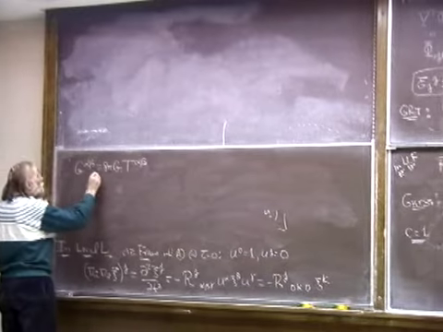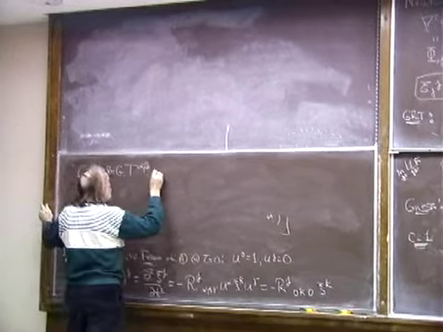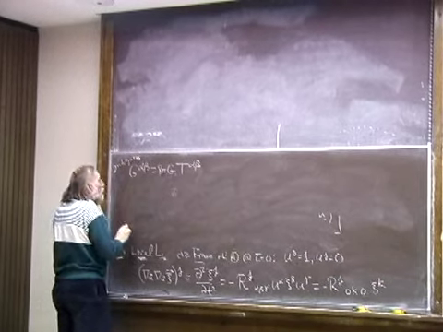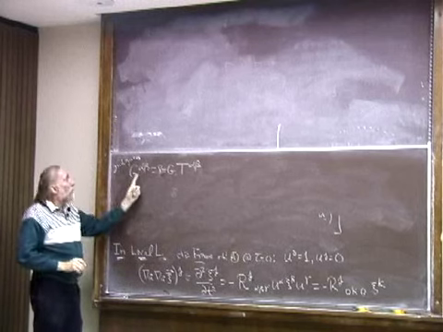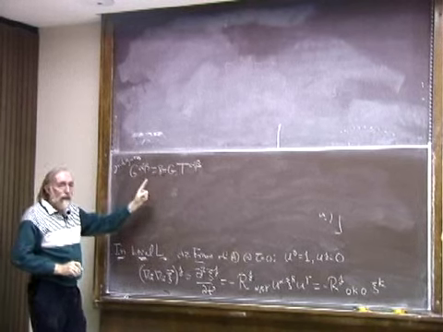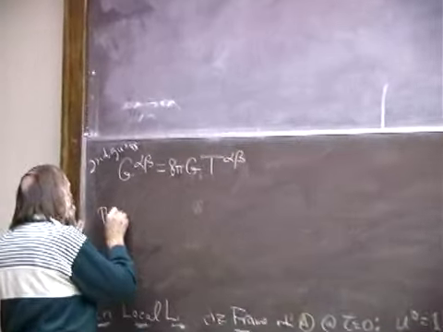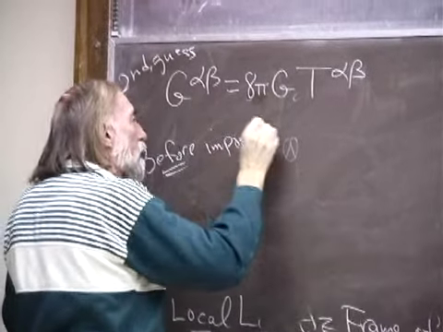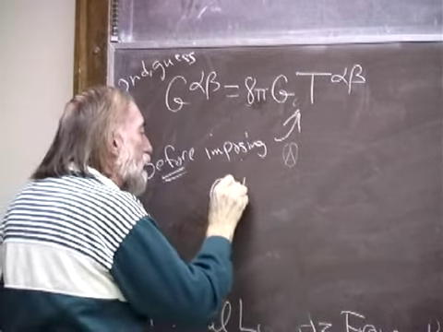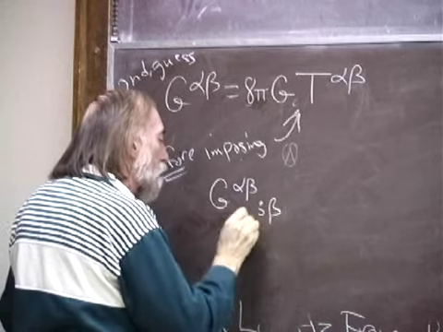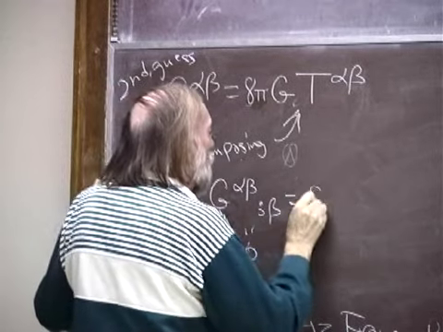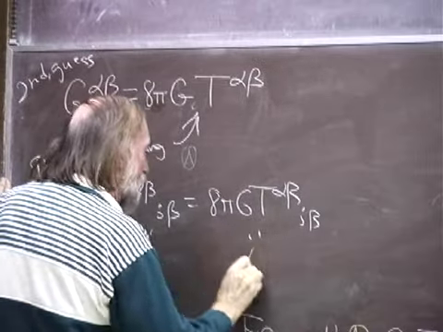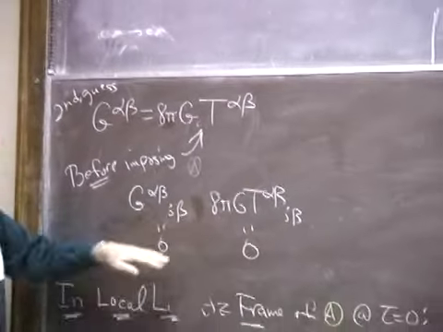If this is what you choose to be as the field equations, so this is the second guess, then in fact, before imposing these field equations, you already knew that G alpha beta, semicolon beta, was 0. You already knew that 8 pi T alpha beta, semicolon beta, was 0. So you already knew that these were equal to each other.